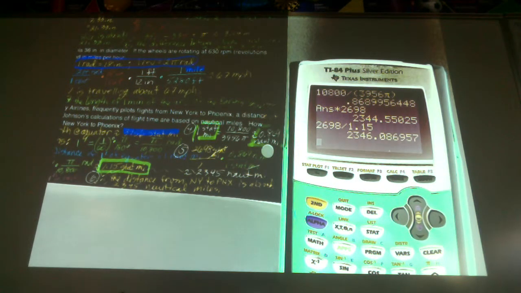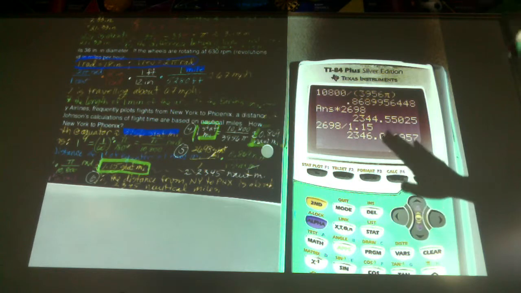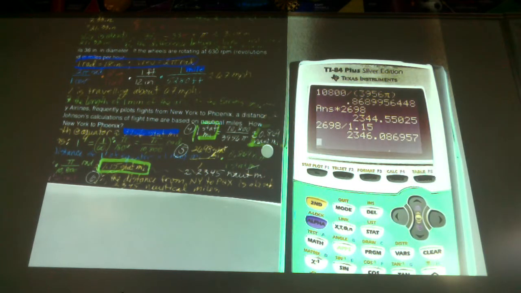Why is it slightly off? This was my exact answer for the nautical miles. Was that my exact answer for the stat miles, or was that a rounded answer? That was a rounded answer. So that's why I'm slightly off from there, which is fine, but I essentially got nearly equivalent, right? All right.